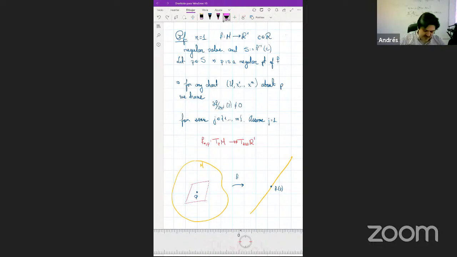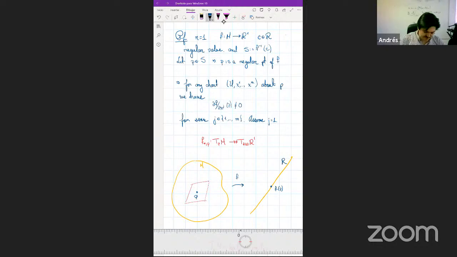So you have a linear map from this vector space, the tangent space, to a vector space here. So this is R. F goes from M to R. I know that that linear map is surjective. So that means that the kernel has dimension n-1.